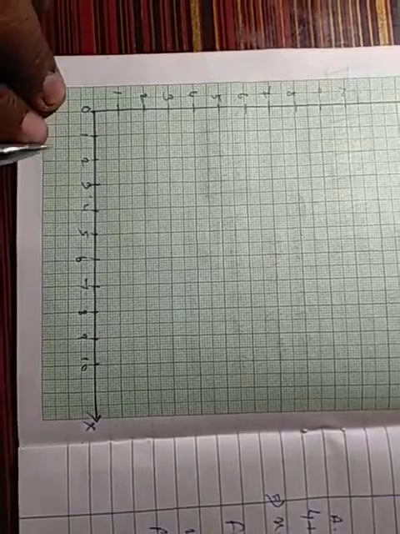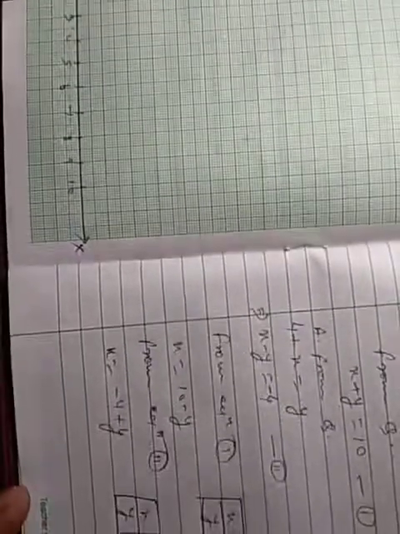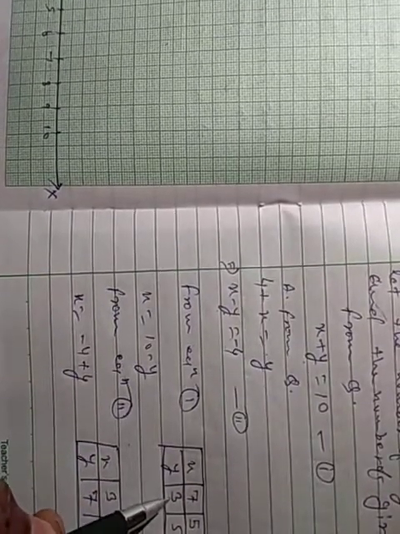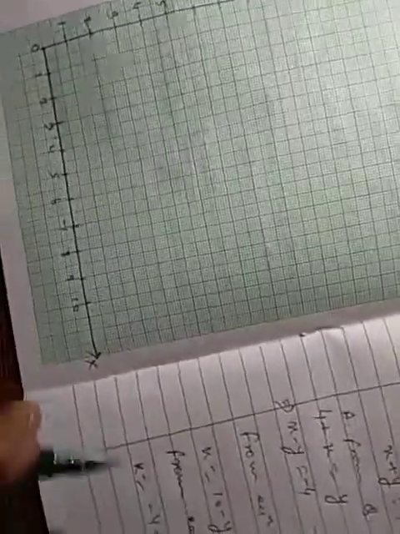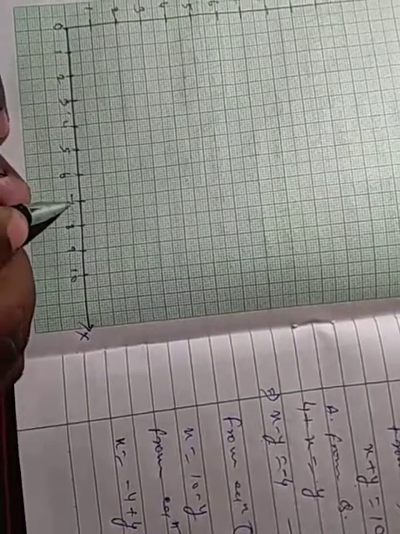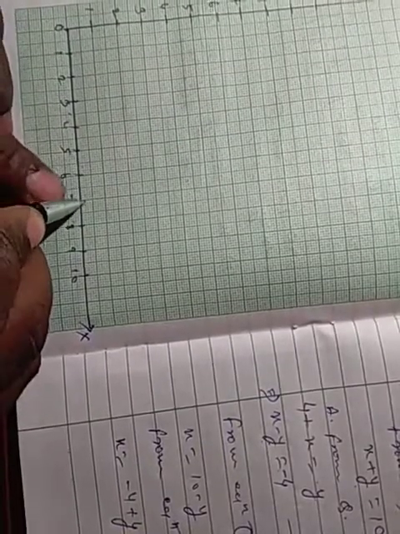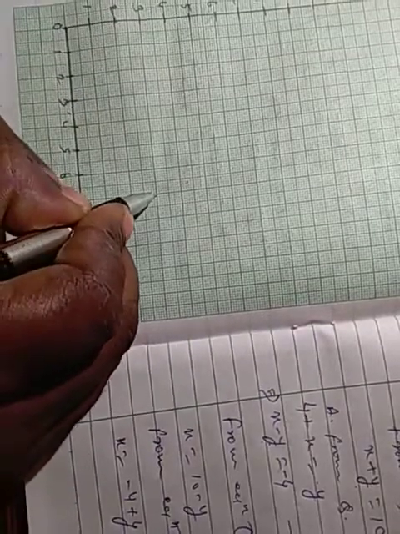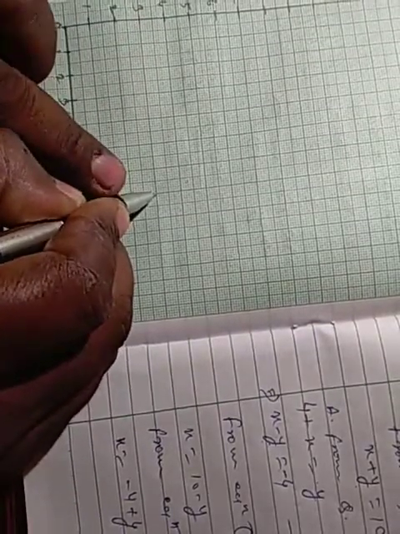From equation first, the value of x is equal to 7 and y is equal to 3. This line crosses here, x is equal to 7, y is equal to 3. This is the point.